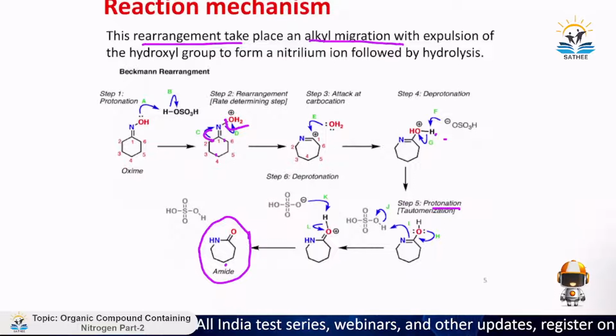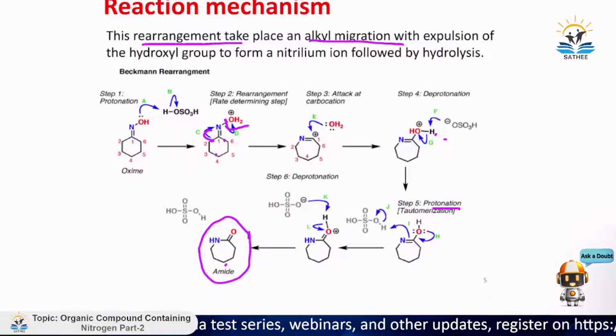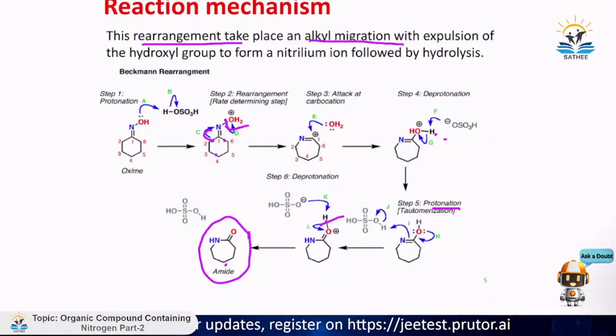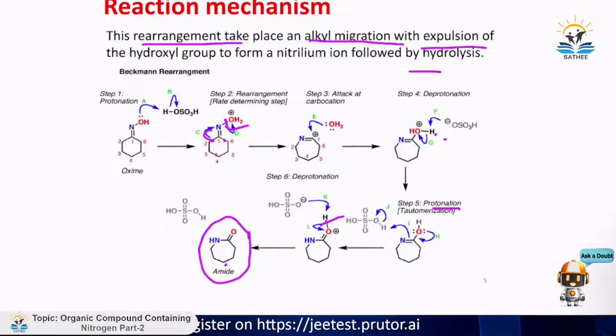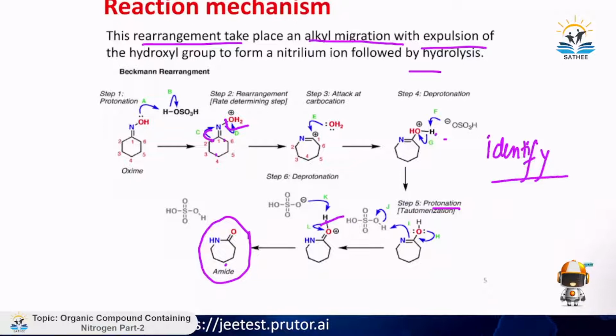So we saw this rearrangement occurs, tautomerization occurs, so that SO3H gets removed with H plus ion here to form finally the amide, and rearrangement has also taken place. So this is Beckmann's rearrangement that we have to identify with the help of reagent, that oxime is forming and then amide is forming.